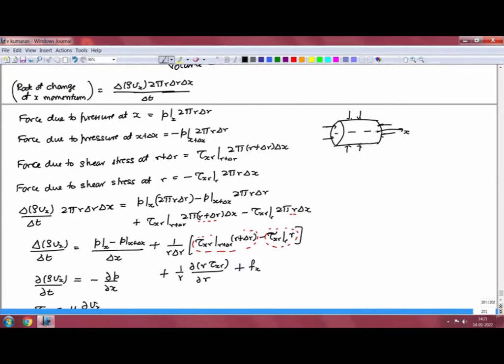It is not in the streamwise direction, it is in the r direction. Therefore, the forces acting in the x direction due to pressure are at the surfaces x and x plus delta x. And I had written down those forces for you. The forces due to the shear stress parallel to the surface are acting at r and r plus delta r.